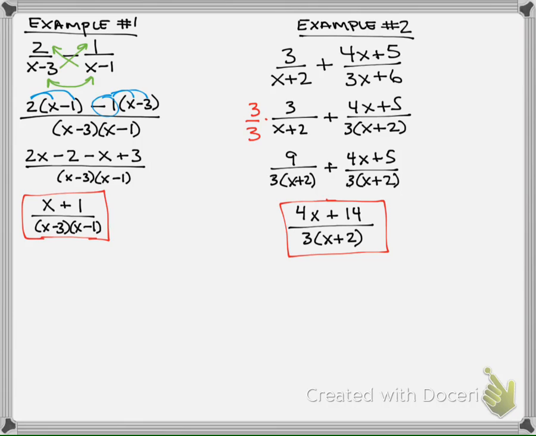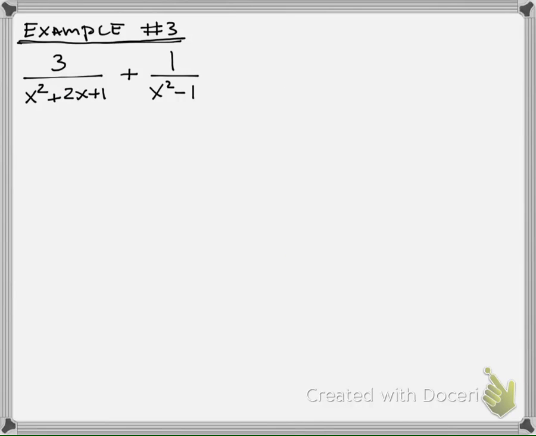Let's try one more problem. Okay, so the last example here, we're going to first look at the denominators and factor them out completely. So, in factoring them completely, I'll get 3, and the denominator here is x plus 1, x plus 1, plus, factoring the denominator here, I see it's the difference of squares, so that's x plus 1, x minus 1.